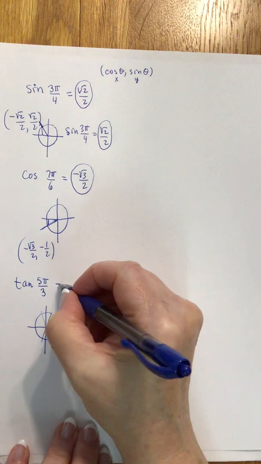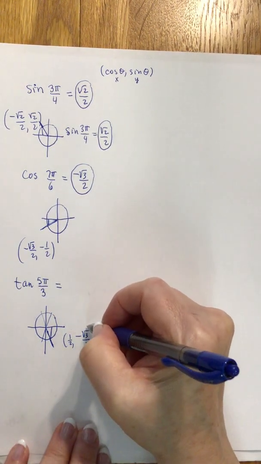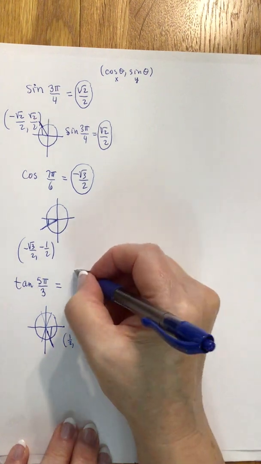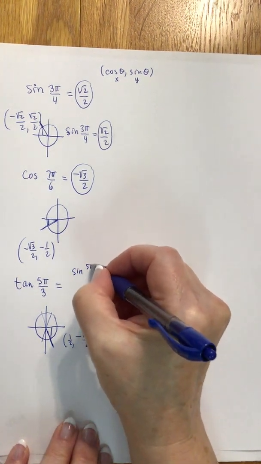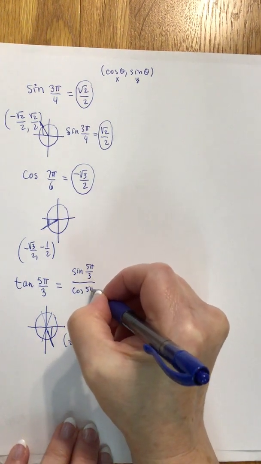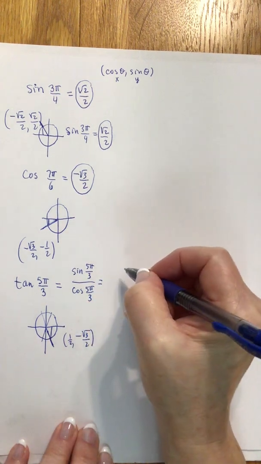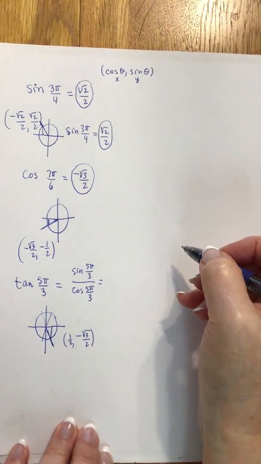Now with tangent though, we don't have an x or a y like this. This is cosine and sine. But we do know that tangent is sine 5 pi over 3 divided by cosine 5 pi over 3. So sine over cosine.